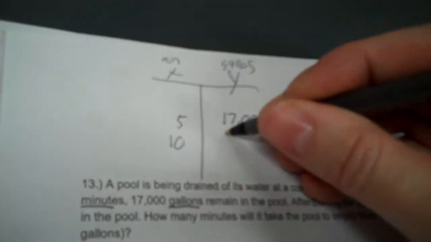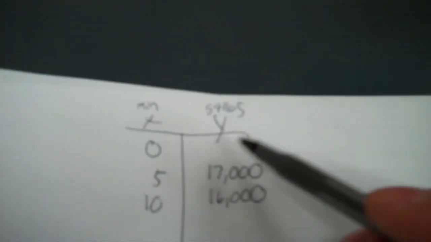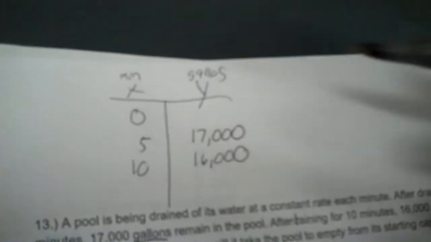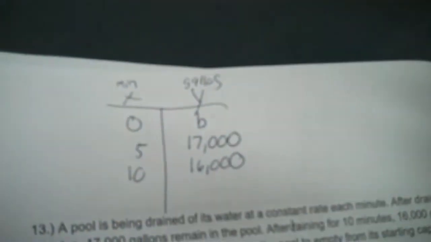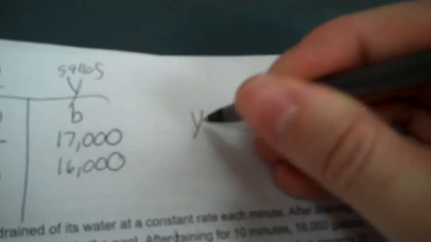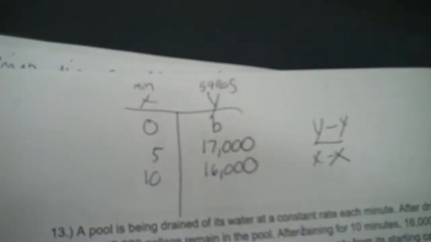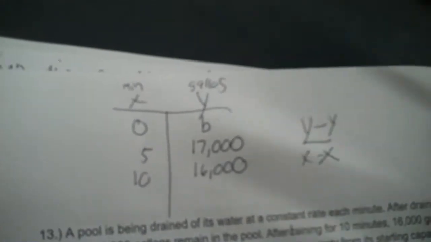So that's 10, 16,000. Now look at this. At 0 minutes, you had to have some gallons there because it goes from some to there to here. So that's called B. So that means I'm going to have to apply y minus y, x minus x to find the gallons per every single minute, because right now I just know what it does every 5 minutes.